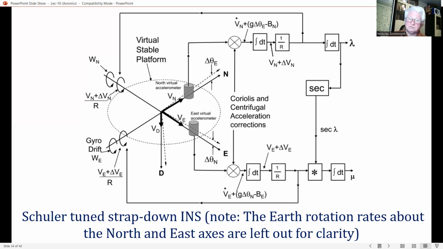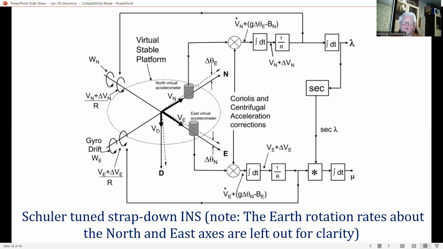Ring laser gyros of inertial accuracy achieved production status in the late 1970s and enabled a strap-down INS to be implemented. As explained a bit earlier, RLG-based strap-down INS systems have superseded the stable platform-based systems.